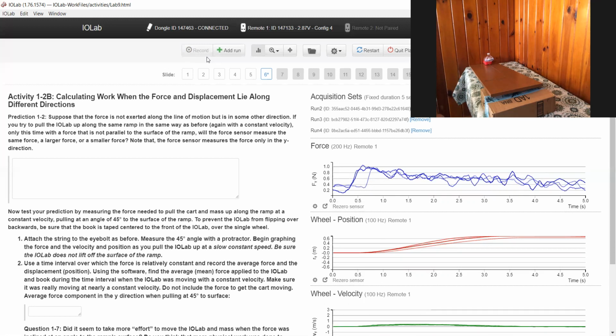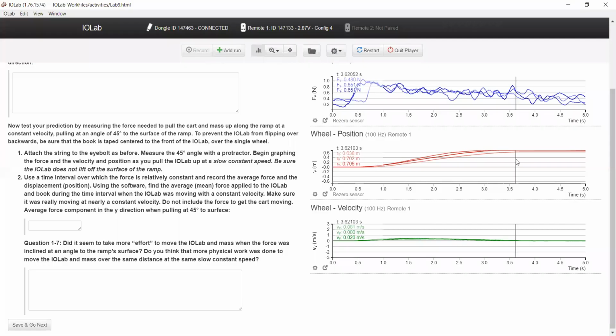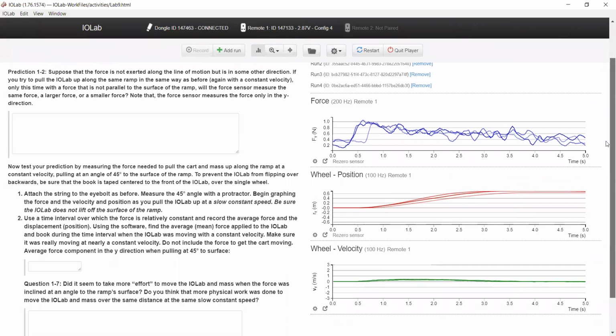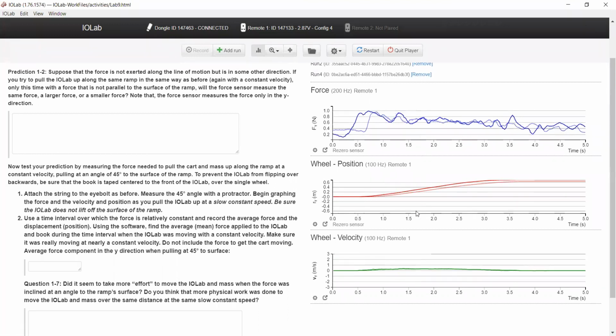You may repeat the experiment as needed, but we need to have the same rate of change, so the same velocity. Let's see if we can remove this one. The velocity seems okay, but if you want to make it exactly similar, you can try it again.